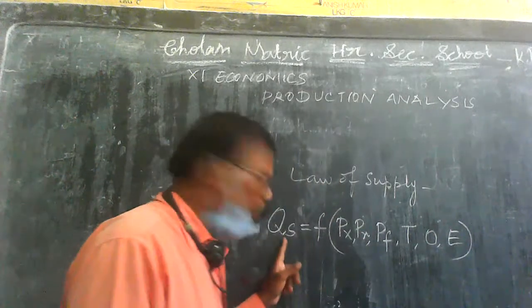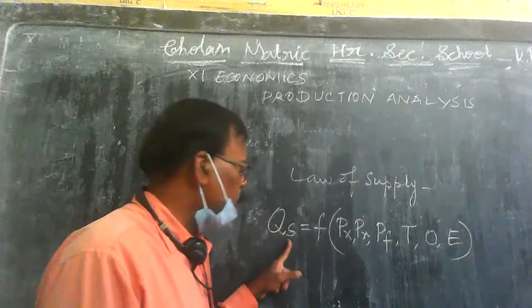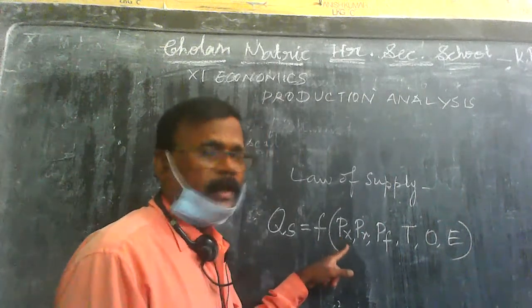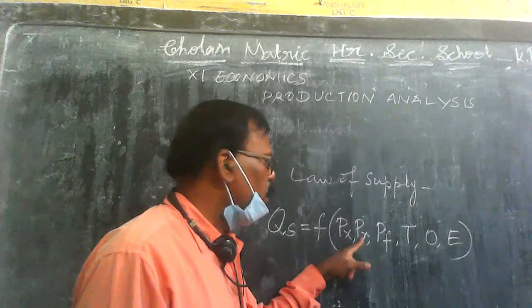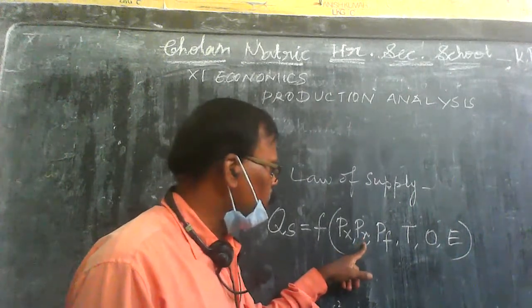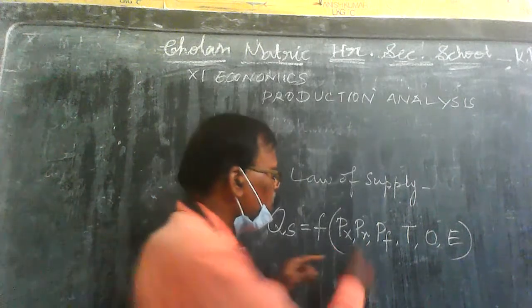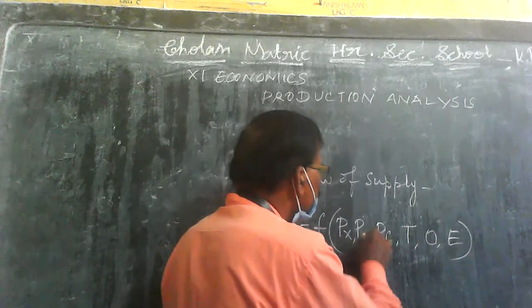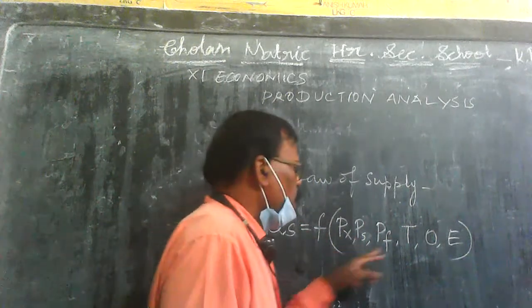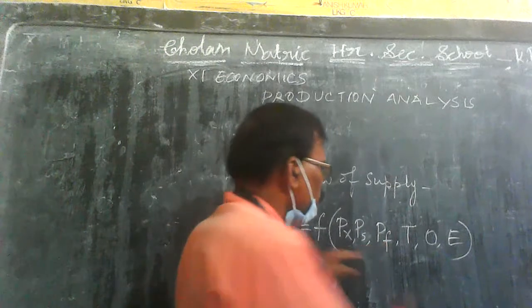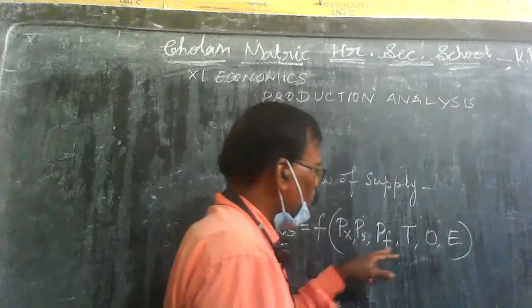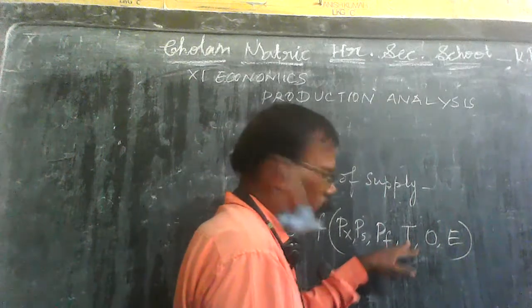Here QS, quantity supplied, is a function of the price of commodity X. Then PR, the price of substitutes. Then technology.